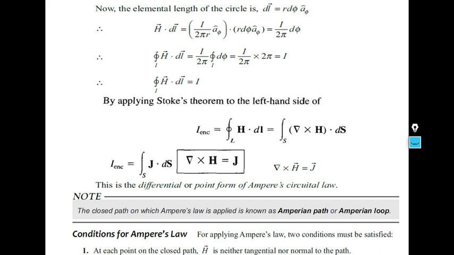Now we have gone through flux, flux density and field strength. Already we have seen the magnetic field, reluctance, permeability, everything that is related to a magnetic circuit we have learned.